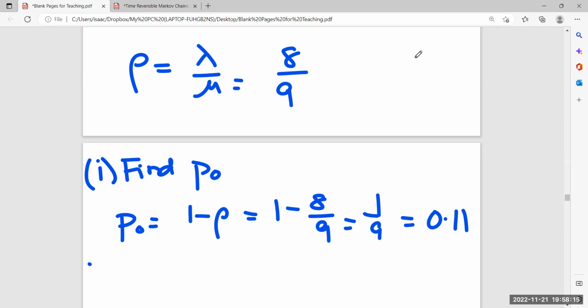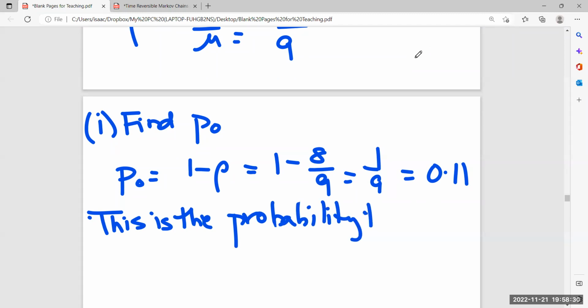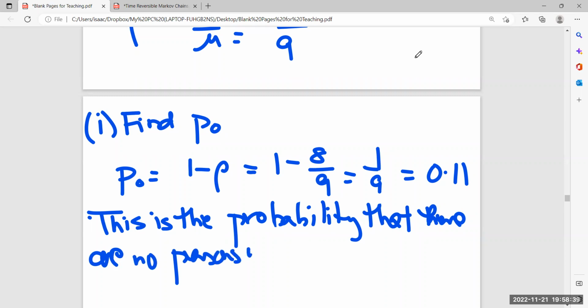This is the probability that there are no persons in the system at steady state.